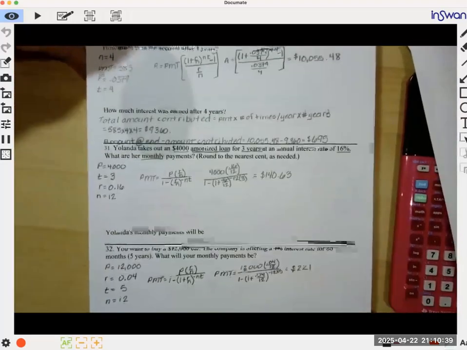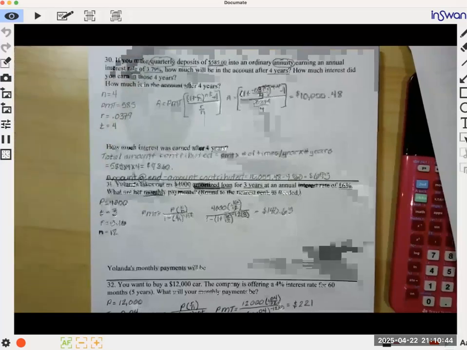Here we go. Top of page 9. Bottom of page 9.